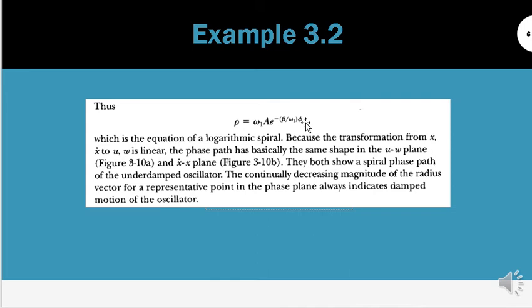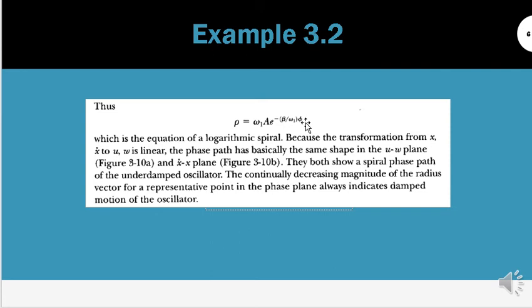So these are all logarithmic spirals because we use a linear transformation from x and x dot to u and w, which are both shown in figures 3-10a and 3-10b. They both show a spiral phase path of the underdamped oscillator.